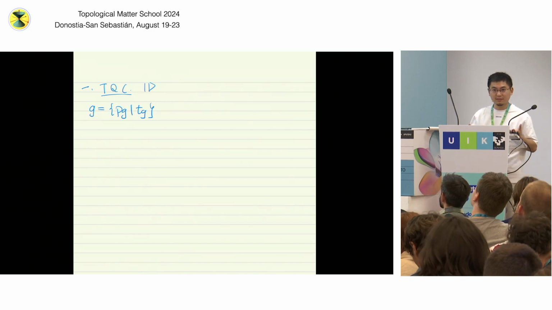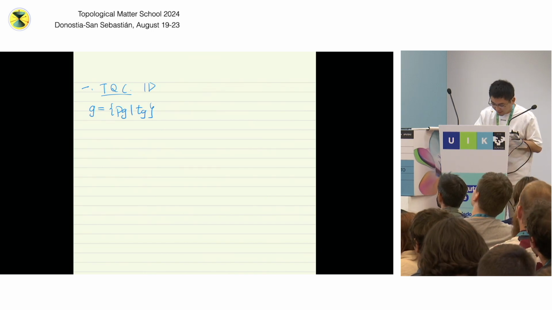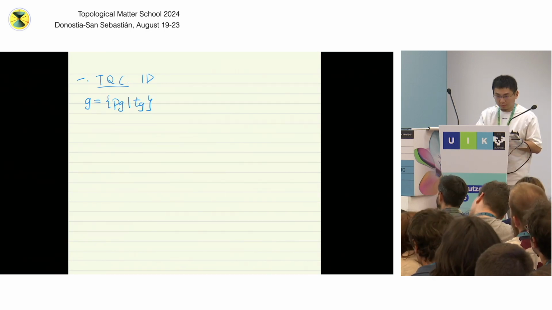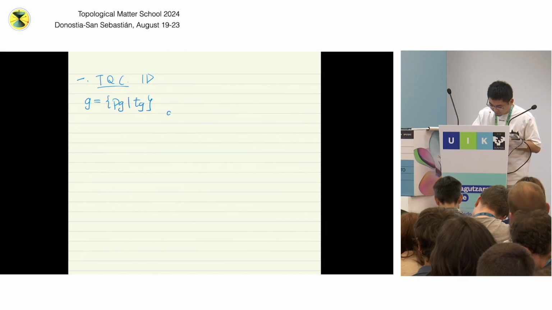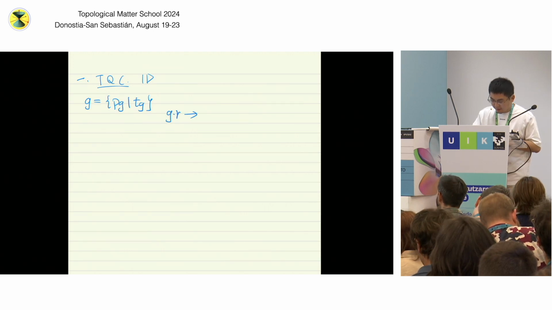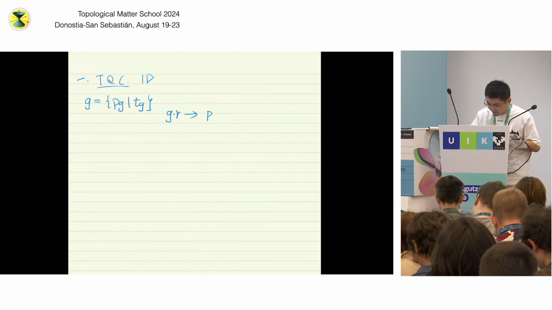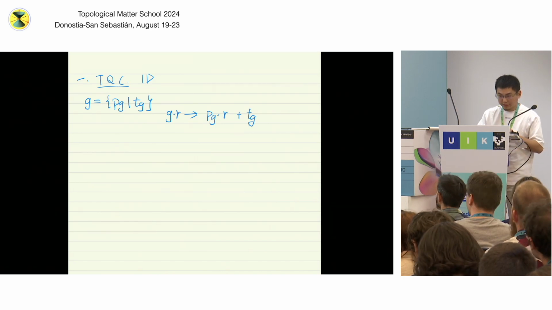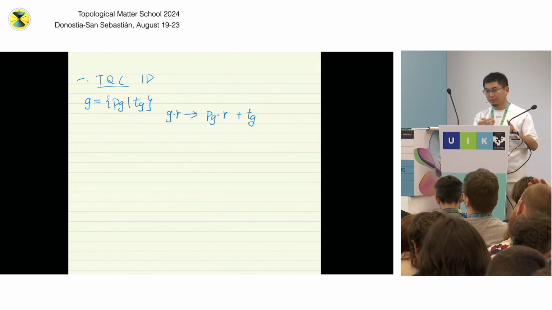It can be represented by a 3x3 matrix, and this TG is a translation vector. If you apply this G operator to a position R in real space, it sends R to PG times R plus TG, right? And all these operations written in this form can form a group.